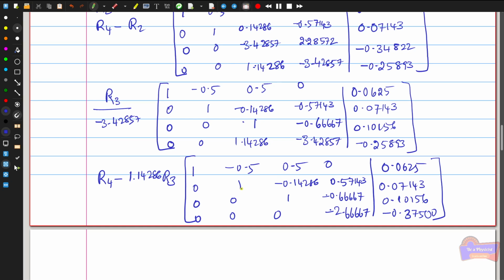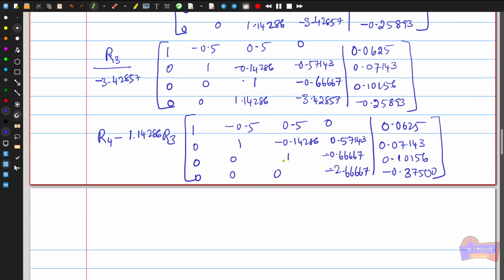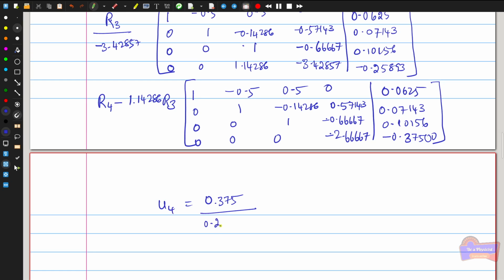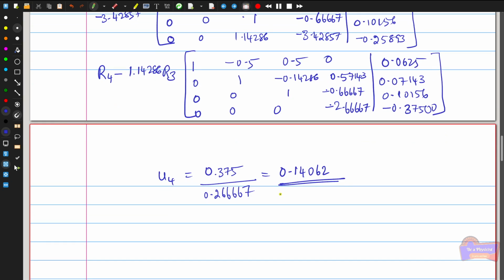Now we have almost reduced the equation, so the last equation will give U4, which is equal to, this minus and minus will be cancelled, 0.375 divided by 2.66667, which is equal to 0.14062. Okay, so this is the value of U4.